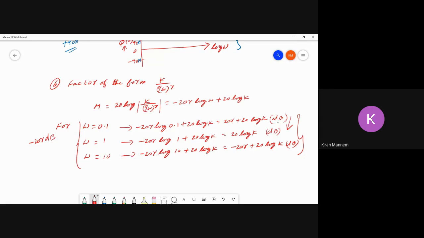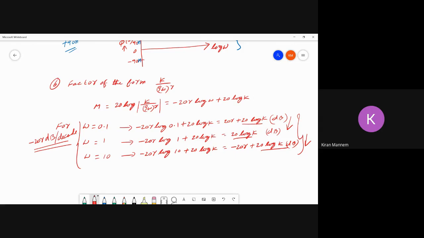Even if you look at the second one, the difference is minus 20r dB per decade. Since 20 log k is constant, assume this is 0, and you can easily find out the difference. So that's how you can easily find the difference among the values.